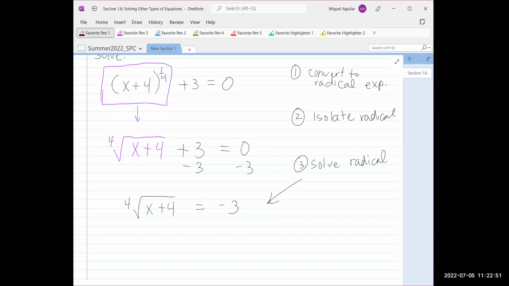So if you get stuck, I'll post these lecture notes. I'm going to post this video to Canvas. Go and review that, because I think that focusing on all the different ways that you could solve these equations will confuse you more than if you just focus on the ways that Mr. Aguilar taught us how to solve this, okay?